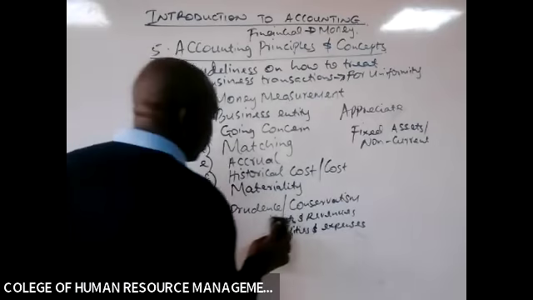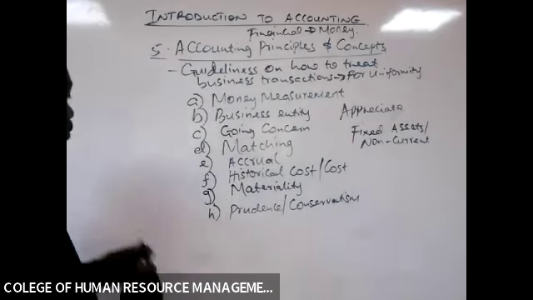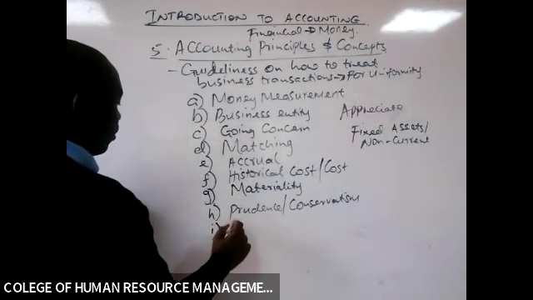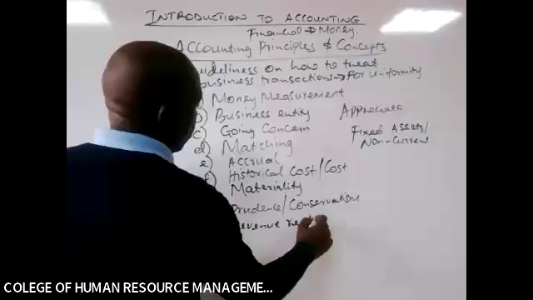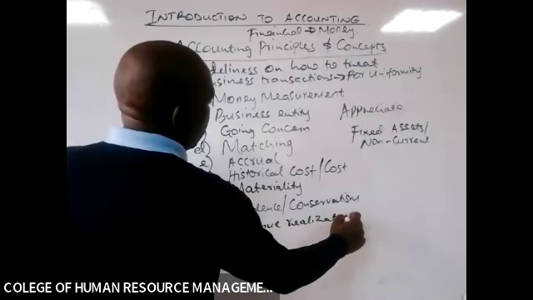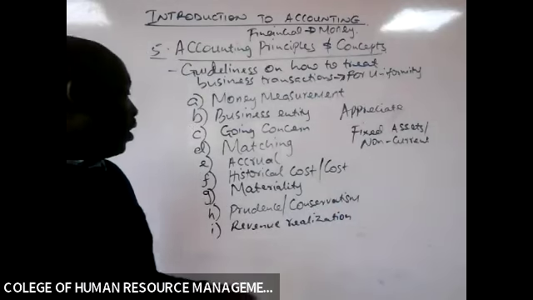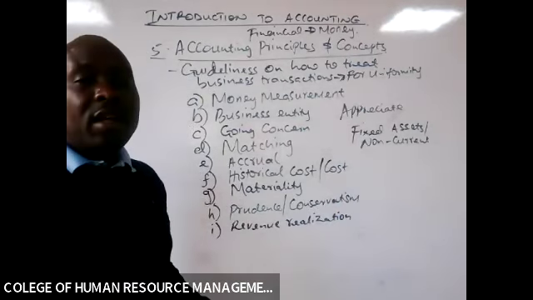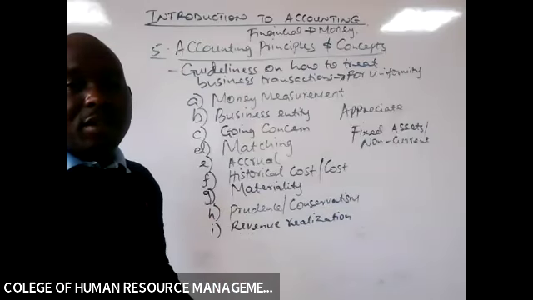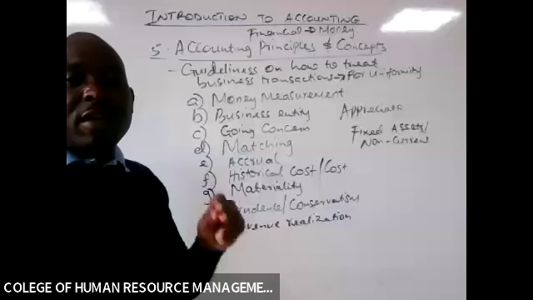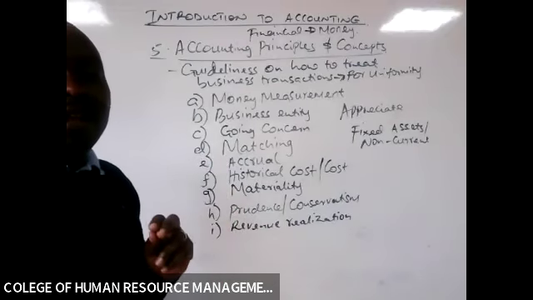Then we have another one we call revenue realization. And by revenue realization, it is simply stated that revenue should be considered realized when there is sufficient proof that it has been earned.